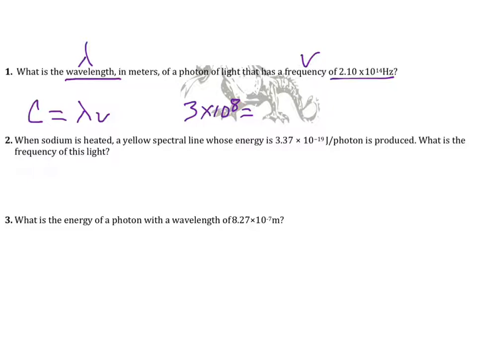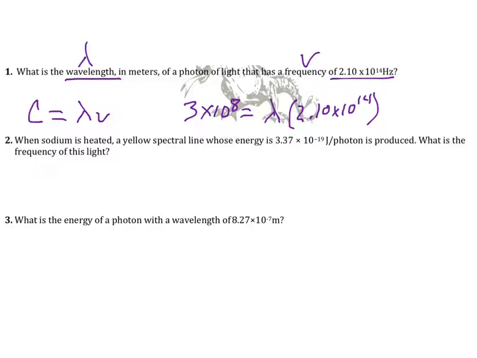Now what about lambda? We don't have lambda, but we do have frequency. So I'm going to write the frequency here in parentheses. It's 2.10 times 10 to the 14. And that is our setup there.